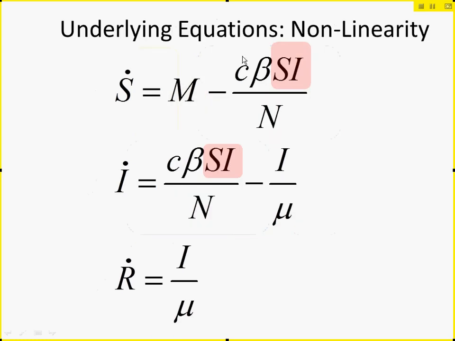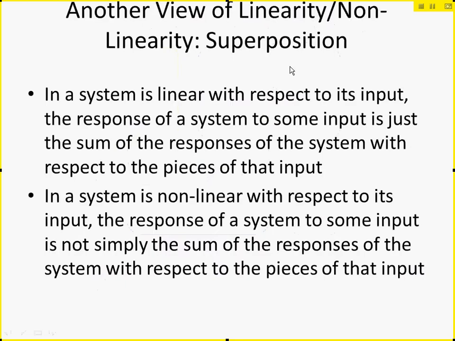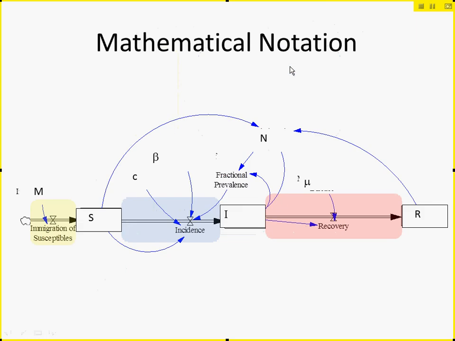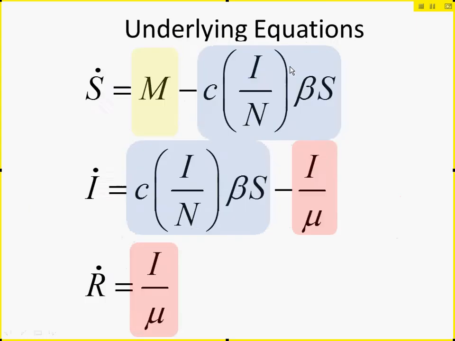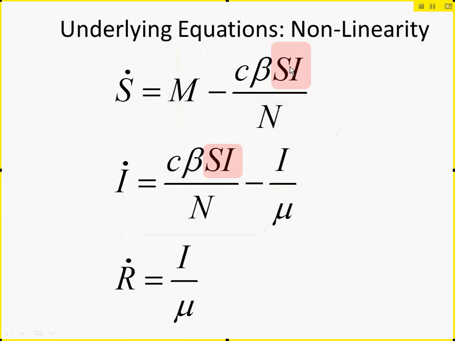And we have this nonlinearity here. It starts to matter not just how many people there are in S, but how many people there are in I in terms of that particular flow. So that's one way to view the nonlinearity in this system. And that's fine. You can view it at that symbolic level. It's nonlinear with respect to these state variables.